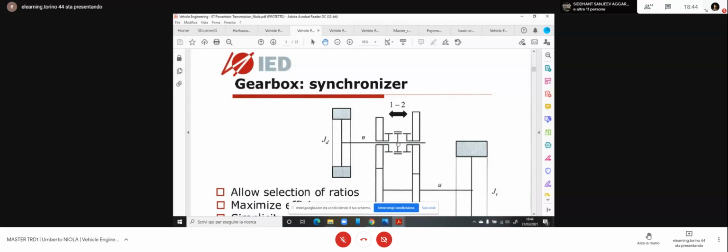in the middle. The upper part is a ring. You can move right and left. So if you move right, you make a joint between the left gear and the shaft. So you have this one capable to transmit power to the following gear and out to the wheel.